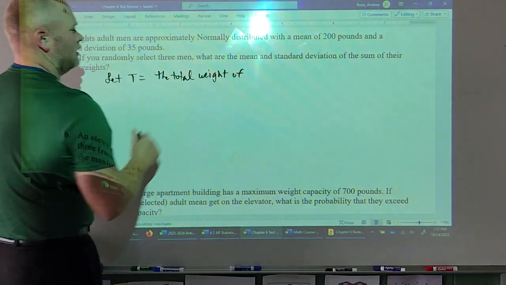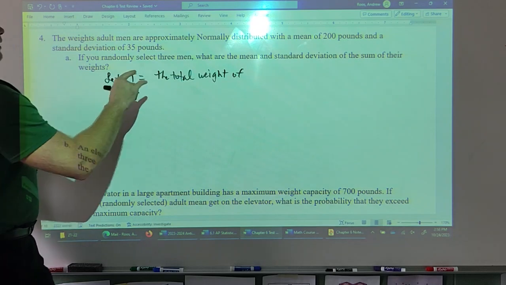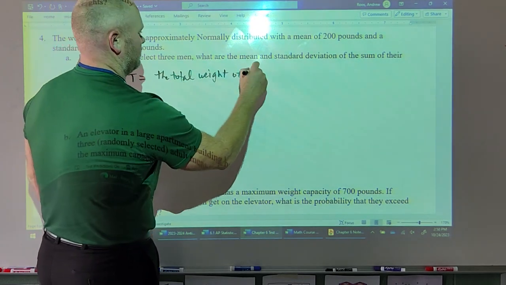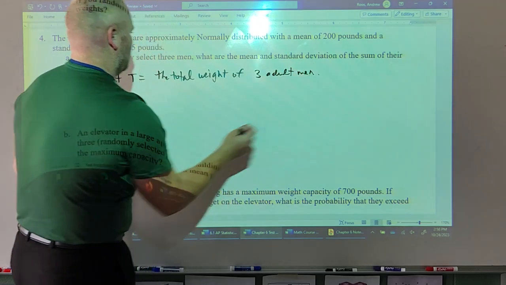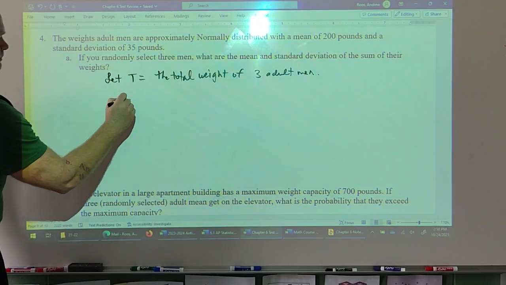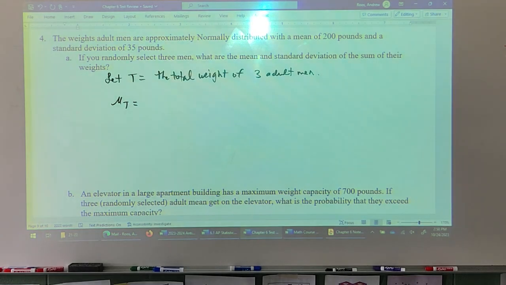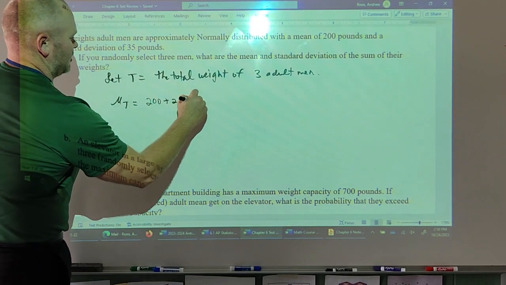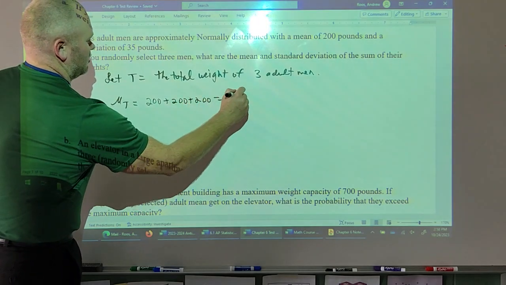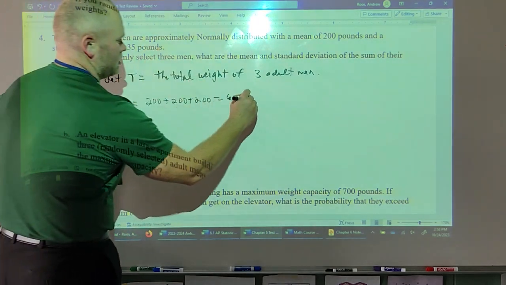So I'm just going to say T equals the total weight of 3 adult men. Okay, so for the mean of T, we can just combine them, right? So 200 plus 200 plus 200, so 600 pounds.